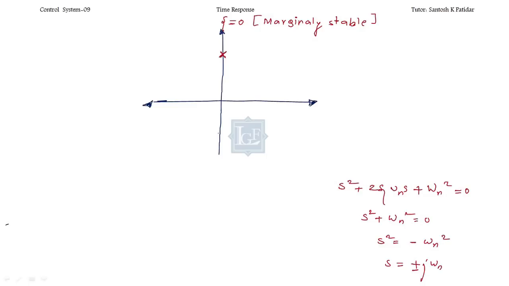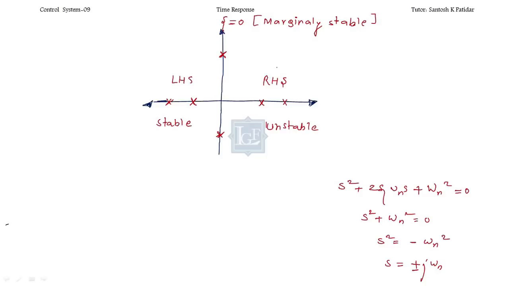So whenever you get the poles at the imaginary axis, your system will be marginally stable. If your poles are in the LHS of S-plane, your system will be stable. If your poles are in the right hand side of the S-plane, your system will be unstable.